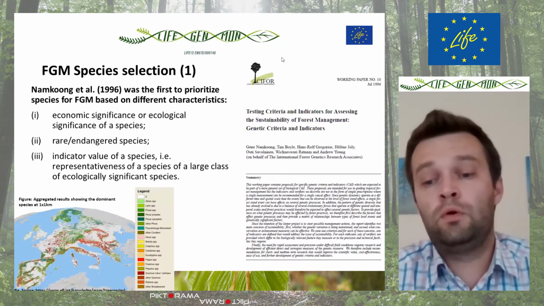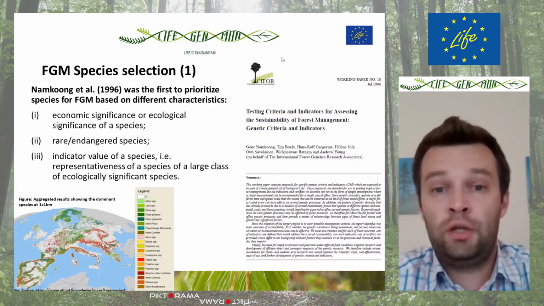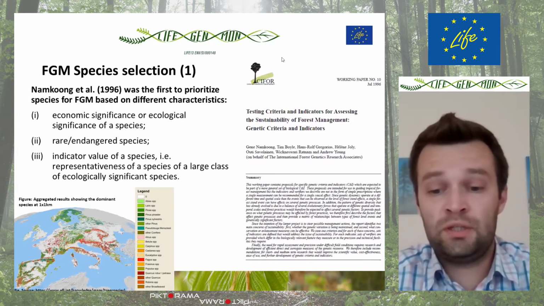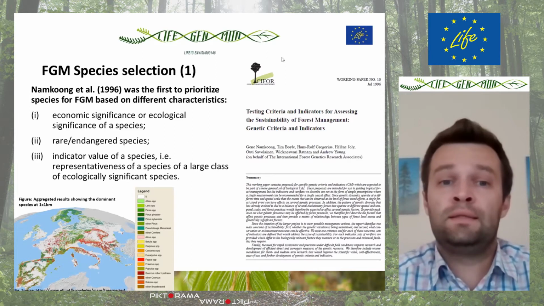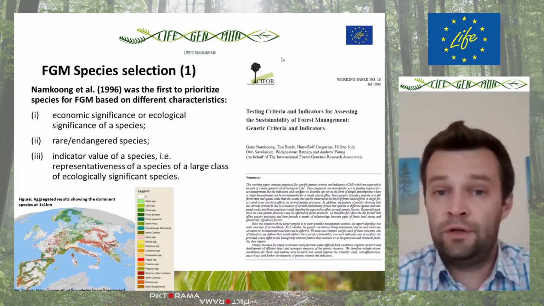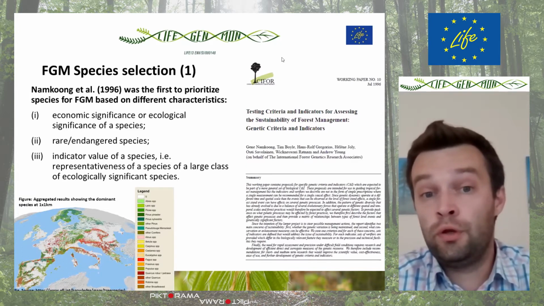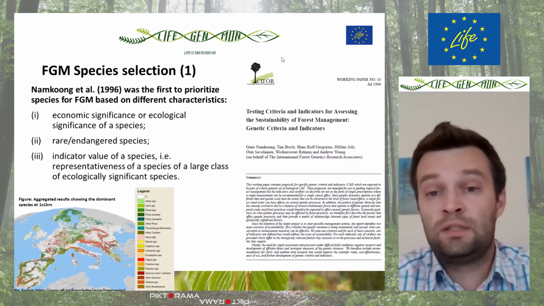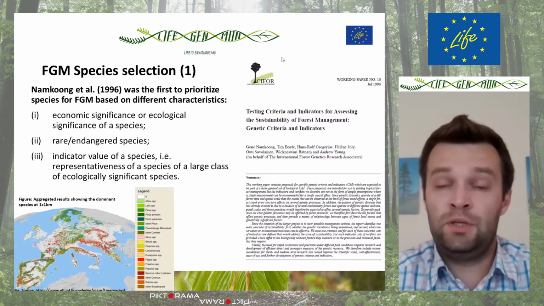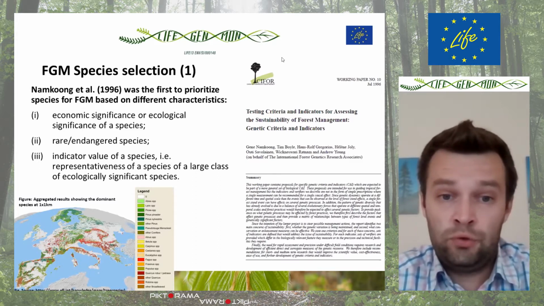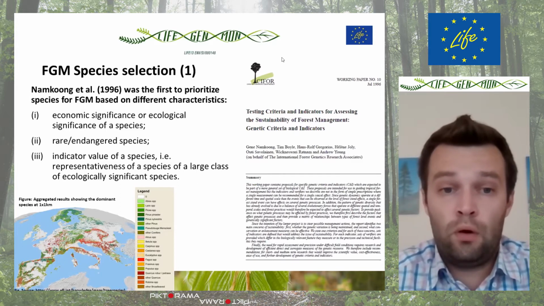So one of the most important issues within forest genetic monitoring is the target tree species selection, or group of species selection. Therefore, in 1996, Namkoong et al. were the first who tried to prioritize species for forest genetic monitoring on different characteristics, for example, on economic significance or ecologic significance of the species, if the species is rare or endangered, or if the species represents a huge ecological region, or it's really important and indicative.